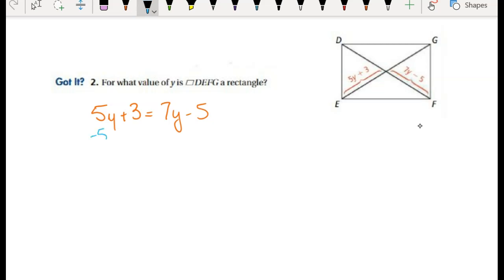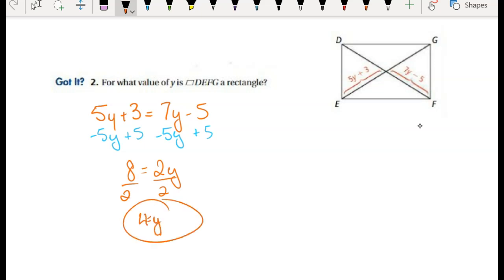I'm going to subtract 5y from both sides. And then I'm going to add 5 to both sides. So I get 8 is equal to 2y. Divide both sides by 2. So 4 is equal to y.